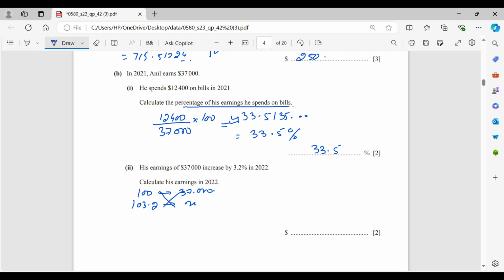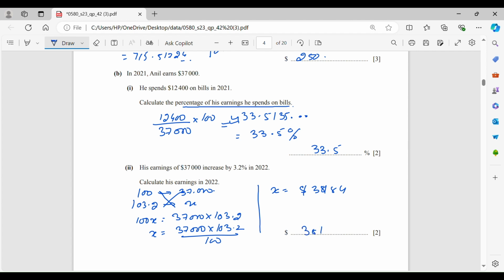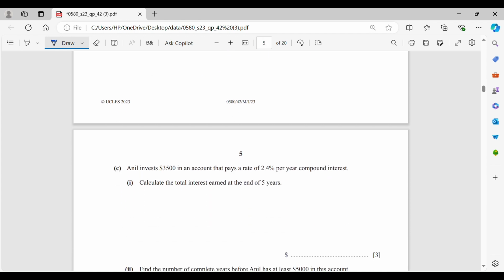We cross multiply: 100x equals 37,000 into 103.2, so x equals 37,000 into 103.2 divided by 100, which is $38,184.